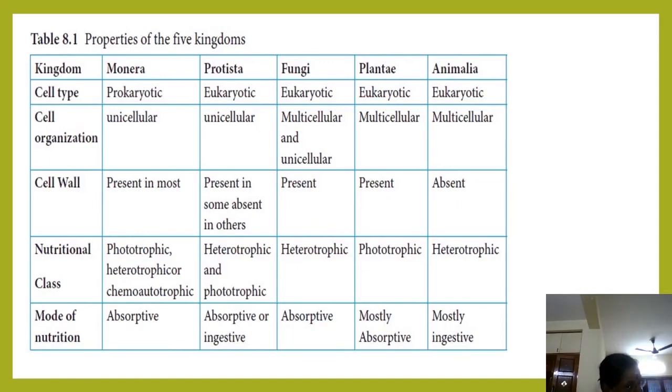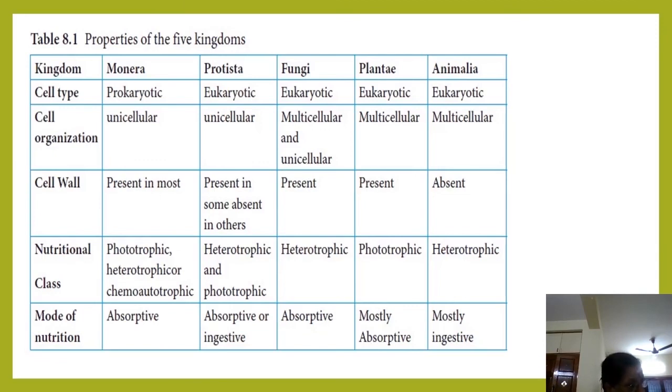Here, in our textbook and in the QB I give, there is a comparison of the five kingdoms. For nutrition, autotroph, under that for kingdom Monera, that is bacteria, they are autotroph, but it is called bacterial photosynthesis.